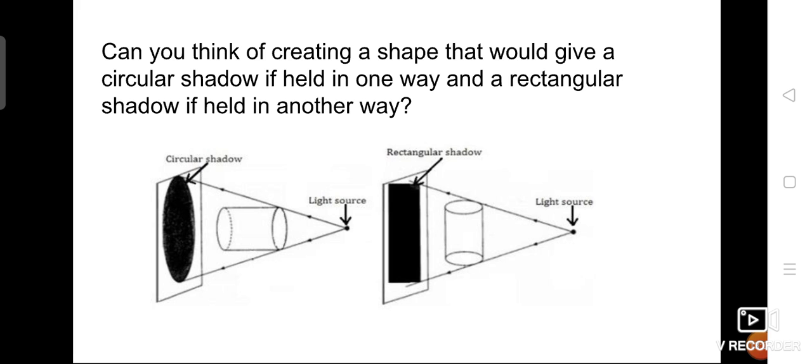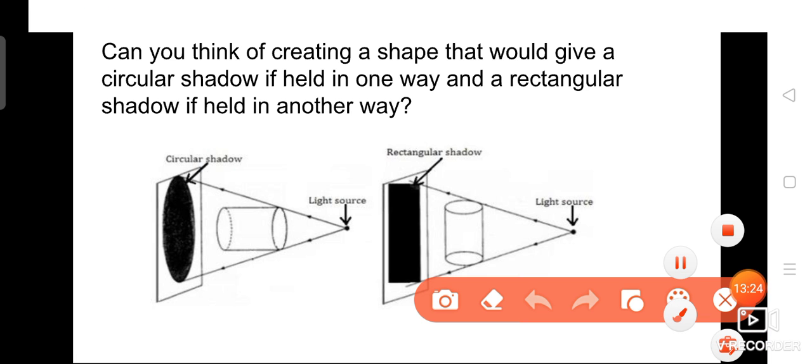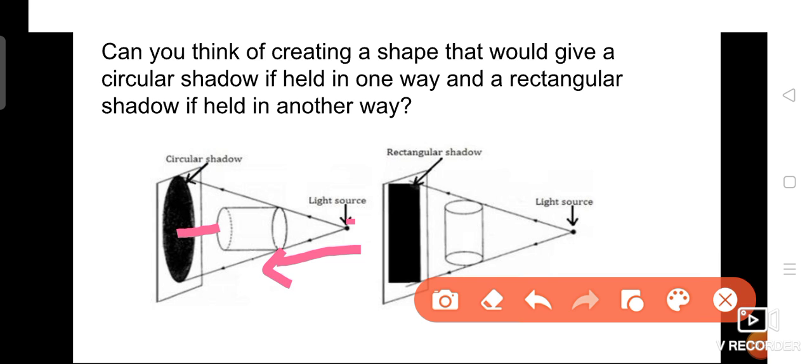Yes, we can say. The best is a cuboid shape, anything, whether it is a cylinder or a pencil or whatever it is. For example, even a cylinder. Imagine a cylinder. When the light falls from the side, you can find a circular shadow. See here, when this is the light source and the light falls this way, this portion alone will be blocked, so that portion is circular.